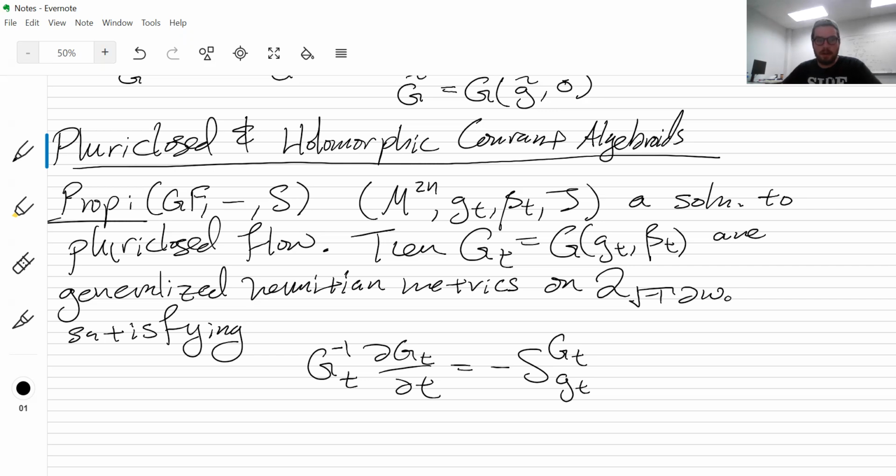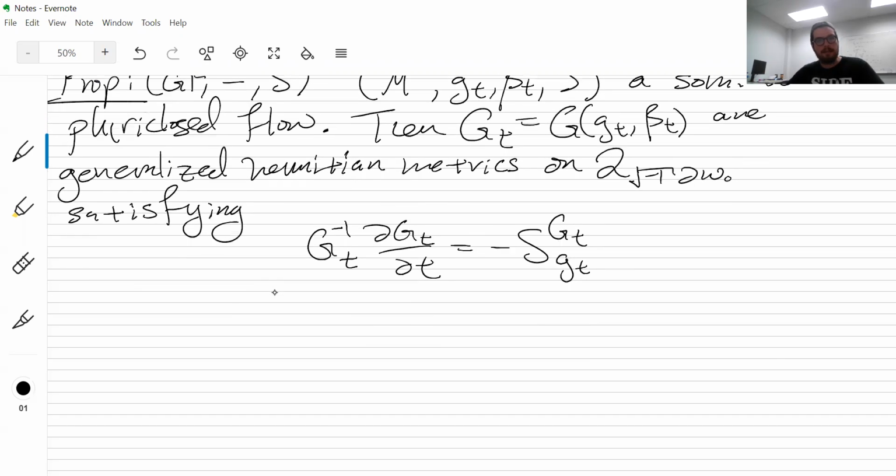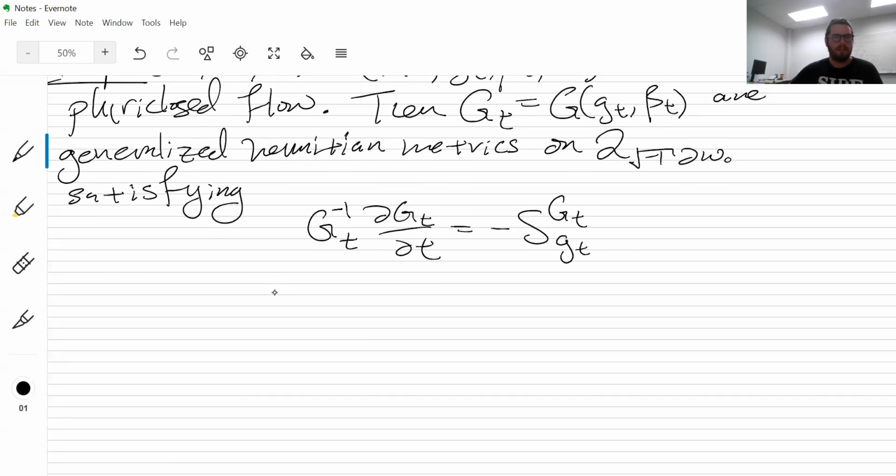And these two things are equivalent. If you have this kind of flow for generalized Hermitian metrics, then the G and the beta have to solve pluriclosed flow as well. Really, like the key to this lies in Bismuth's identity. So just kind of a note.